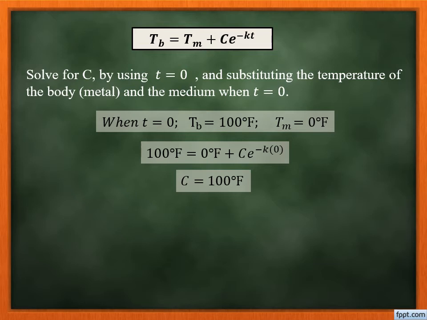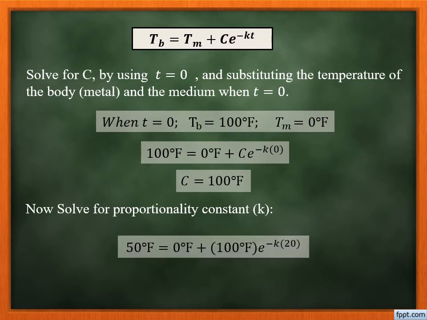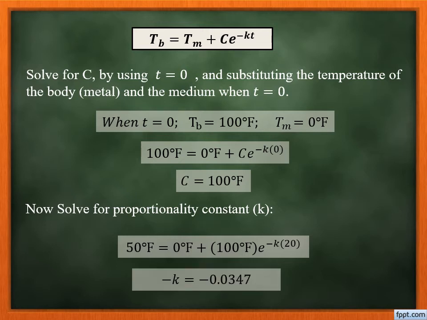We can now solve for K also. Substituting the second condition, wherein at time 20 minutes the temperature of the bar is equal to 50 degrees Fahrenheit, and solving for negative K, you will have negative 0.0347. So the body is being cooled down.